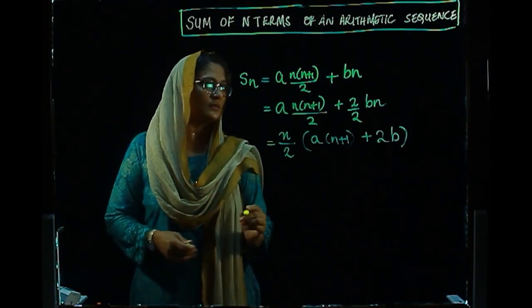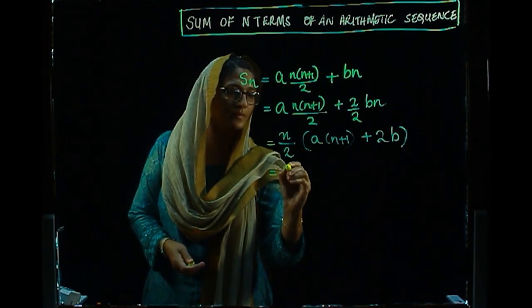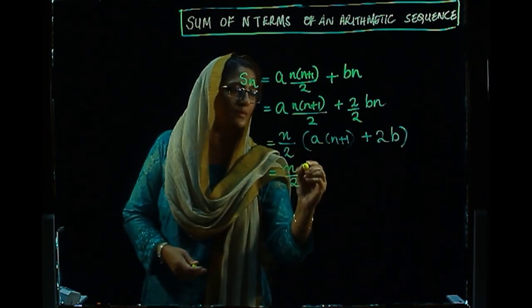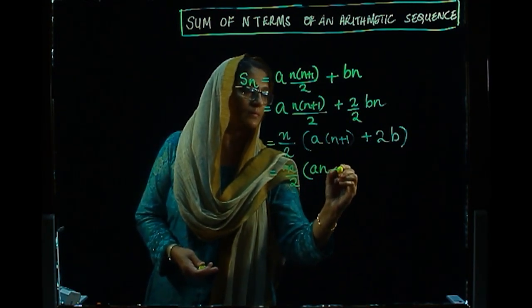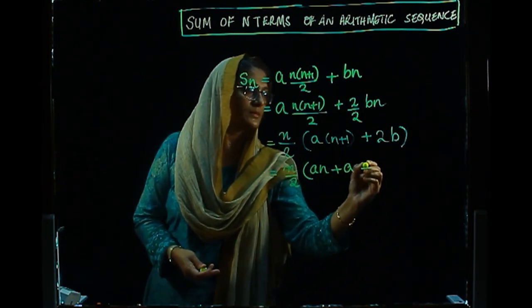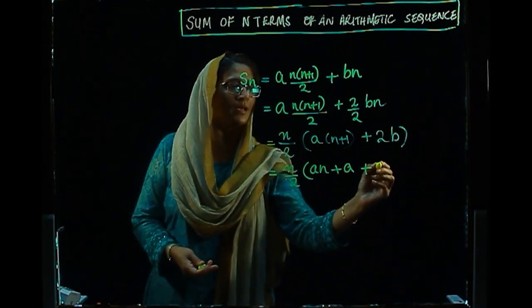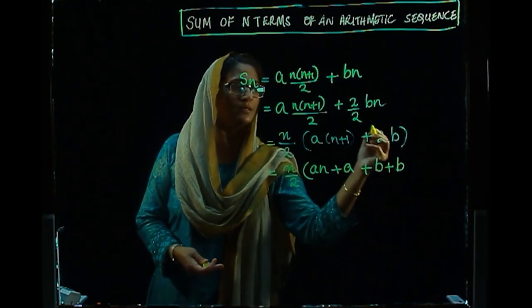This can be further simplified as n by 2 times a into n plus 1, that is an plus a, plus, I am going to split 2b as 1b plus 1b, that is 2b's.